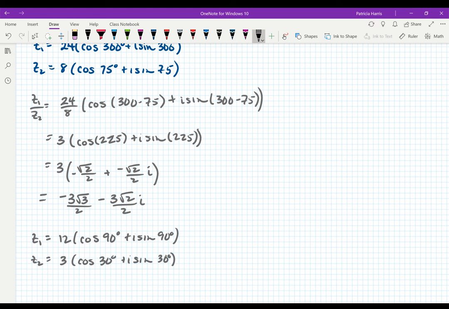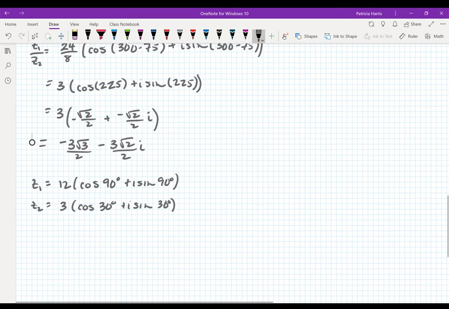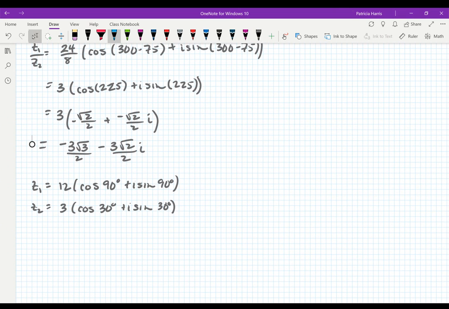Okay, following your formula. Z1 divided by Z2. We're going to go 12 divided by 3. And then we're going to subtract our angles. So cosine 90 minus 30 plus I sine 90 minus 30.